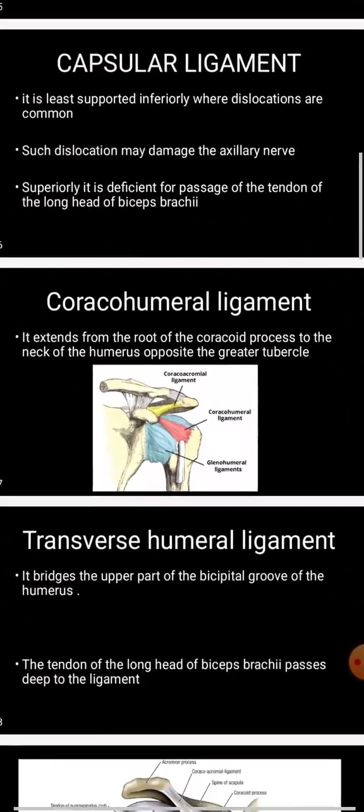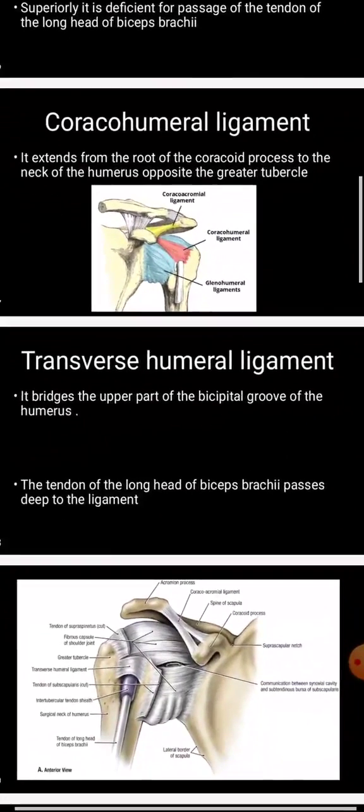Now coming to the next ligament, the transverse humeral ligament. Please remember, when we study the humerus bone, there are two tubercles, a greater tubercle and a lesser tubercle. Between the greater and the lesser tubercle, there is a depression called the intertubercular sulcus.